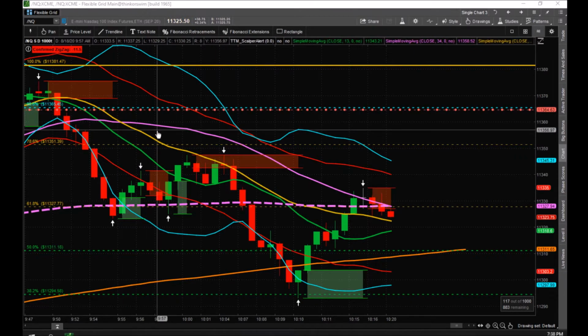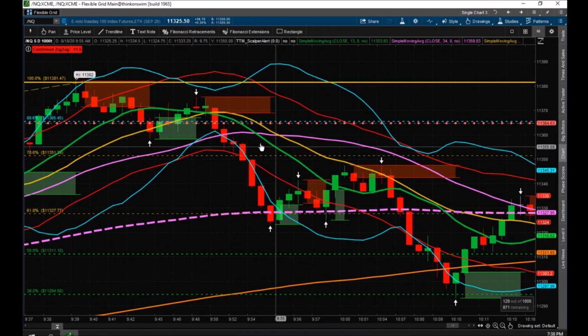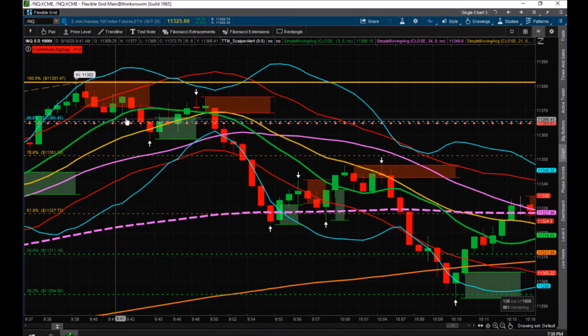As I said before, if it goes below the 13, which is the green line here, it's a potential reversal. This is the signal here, one below. Now you have to wait for it to cross over that 21, which is right here. The yellow line is the 21.